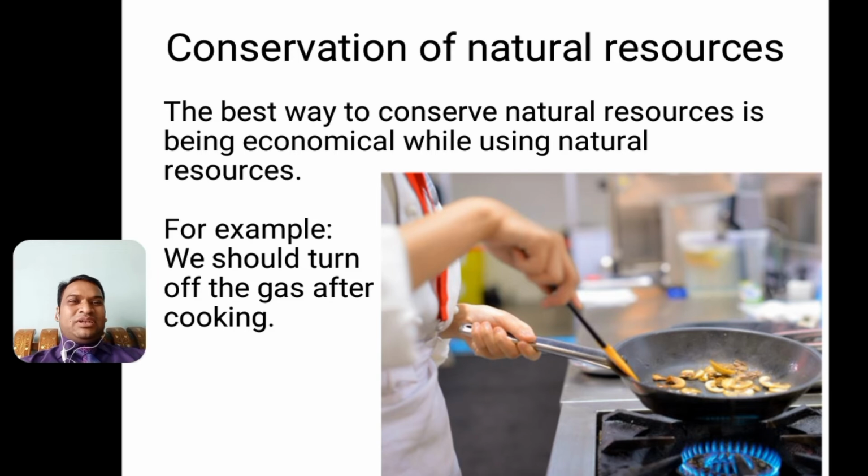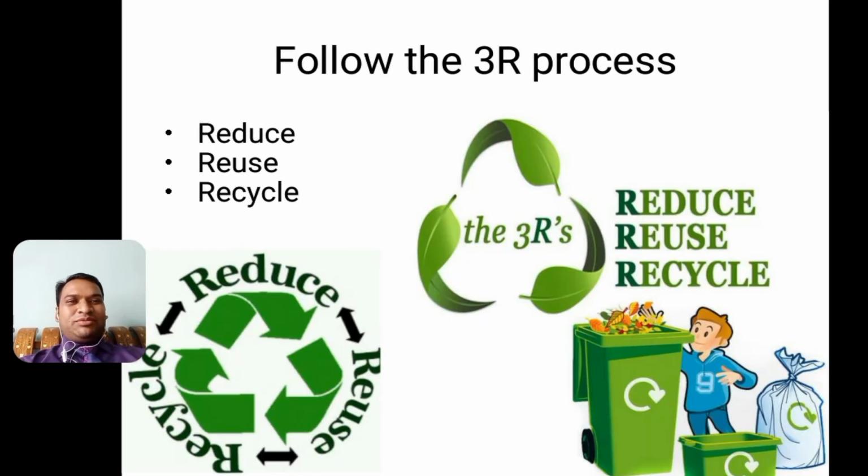For example, for cooking we use natural gas, right? After cooking your food, you should immediately turn off your gas line, so that none of the gas is consumed without any reason. We need to be very careful about this.